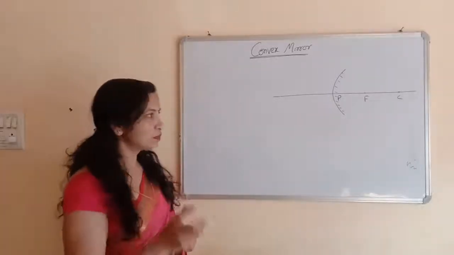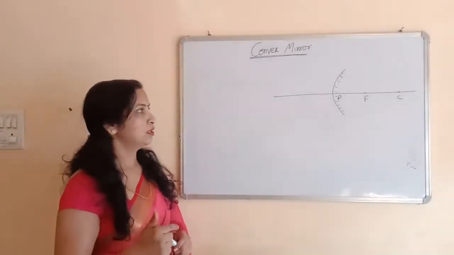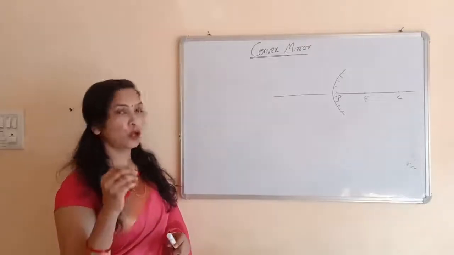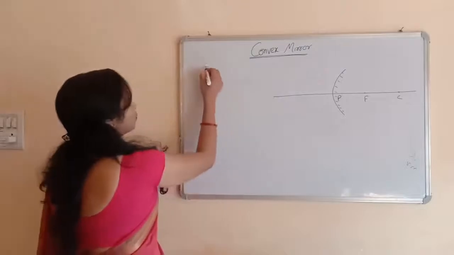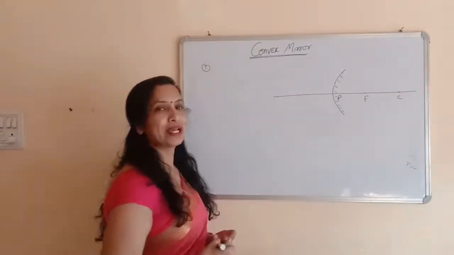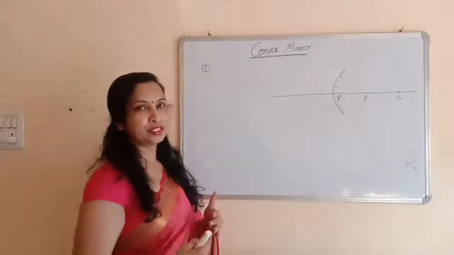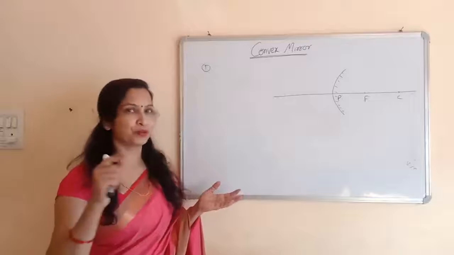For the convex mirror, first we should know how we can obtain images by using it. There are some rules for obtaining the image by the convex mirror. First rule: you can write your notes with me, or it's better you understand what I'm explaining here and then make your notes.